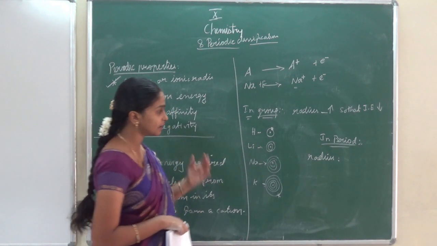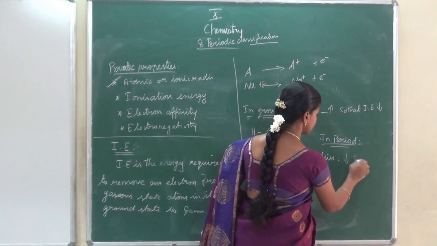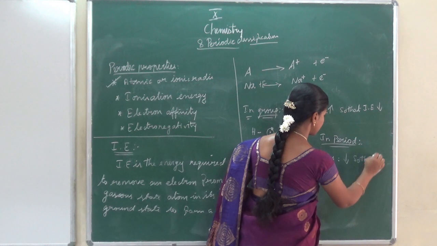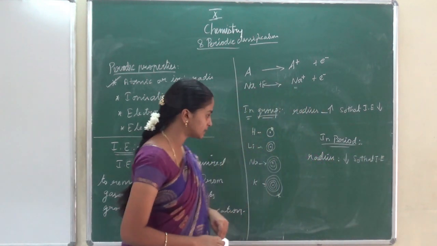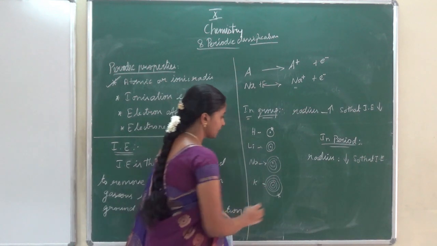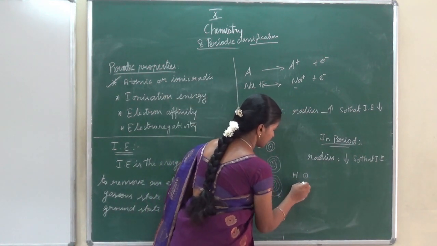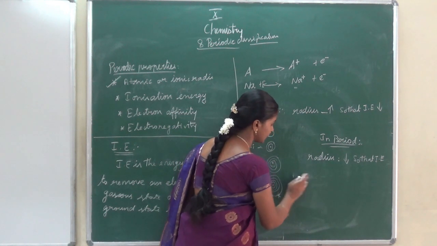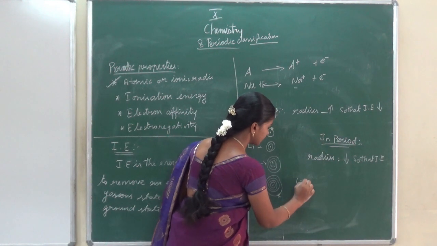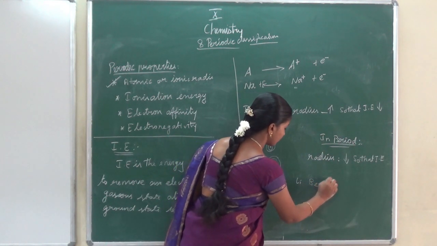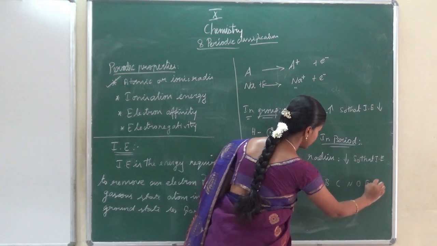So here in a period, radius is decreasing, so now you can guess the ionization energy. What about the ionization energy? Now the radius is decreasing. Let us go to the second period: hydrogen, helium, lithium, beryllium, boron, carbon, nitrogen, oxygen, fluorine, neon.